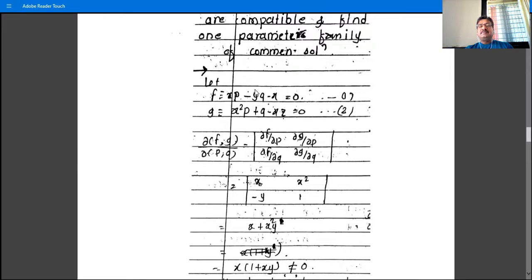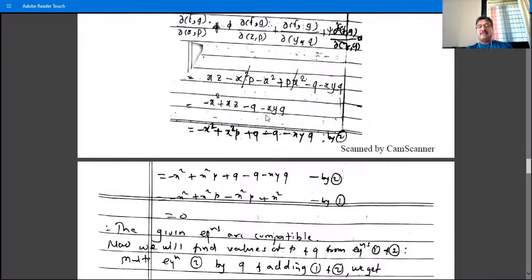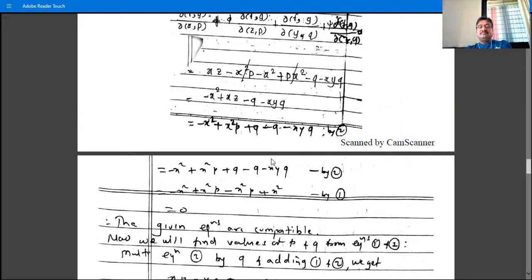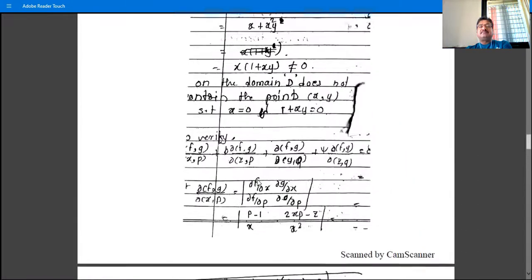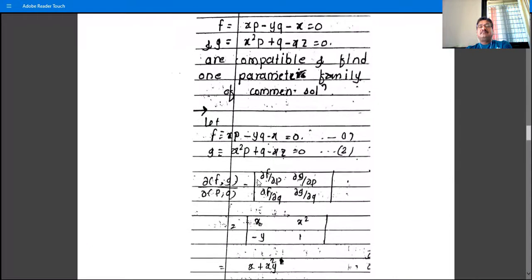Value of xyq. So shift this value to RHS, it becomes yq and multiply by x. So x square p minus x square is the value of xyq. X square p minus x square. So minus minus become plus because this is minus sign. So minus x square p plus x square, from equation number 1.